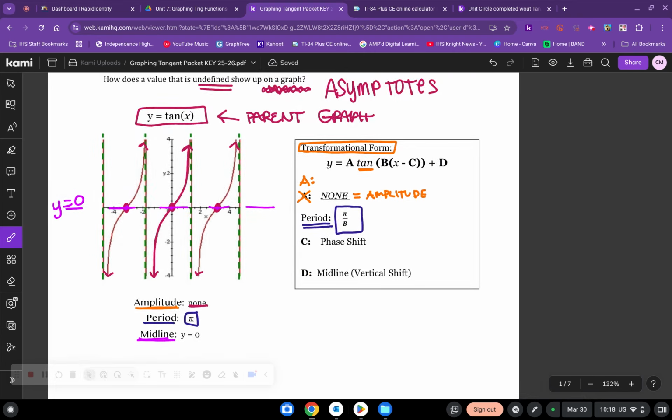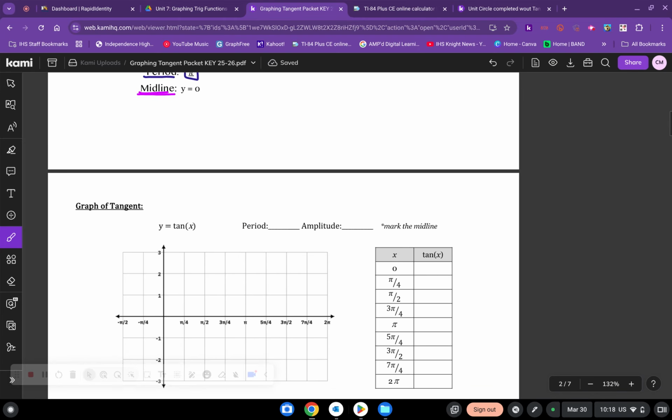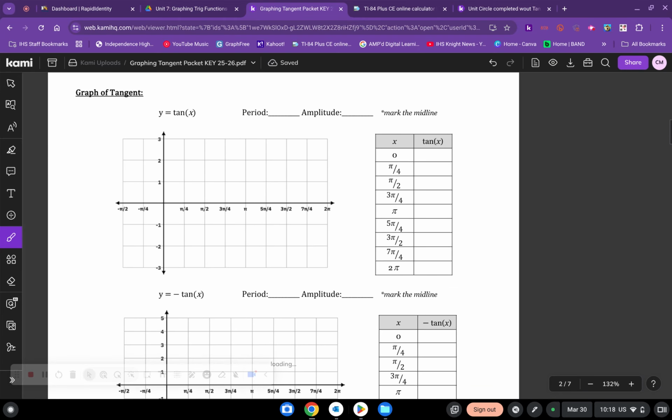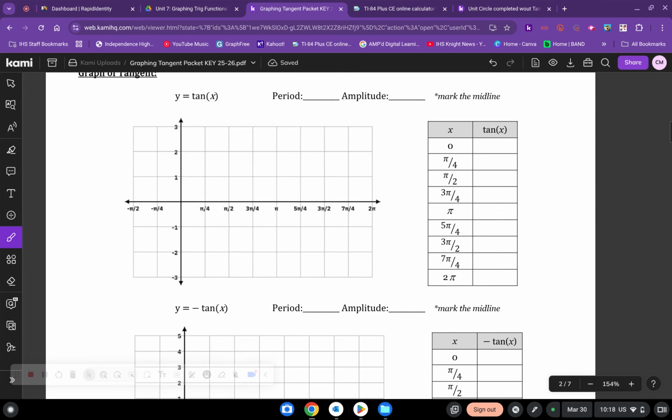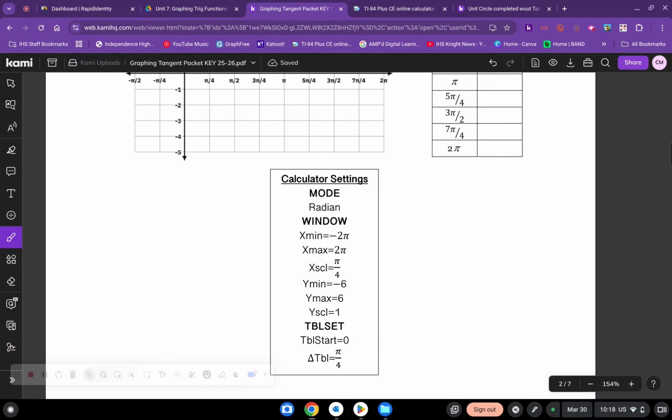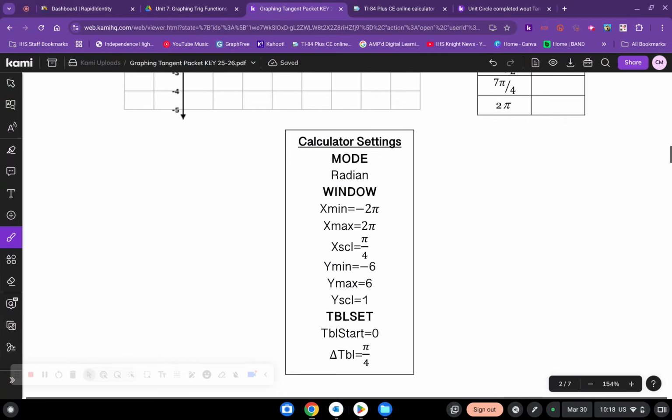Okay, so now we want to go to the calculator and take a look at how to type in these values and draw a graph. At the bottom of this page, there's the window settings that we'll need. Notice that the scale that we're going to use for my table and for my graph is different here. The other values are the same that we used for sine and cosine.